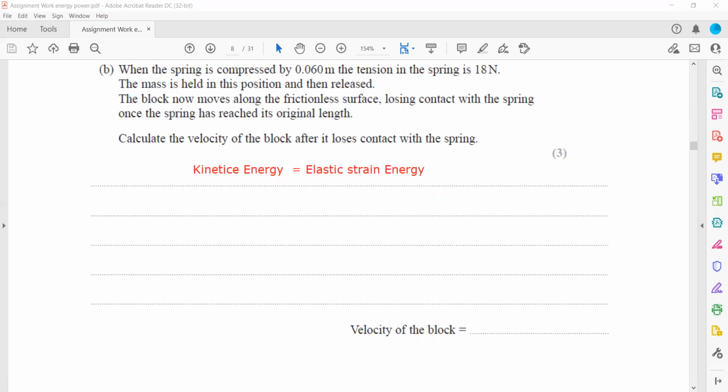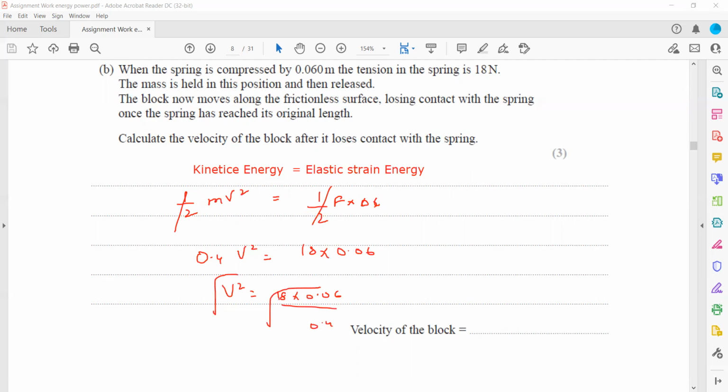So elastic strain energy is half force into extension, and the kinetic energy is half mv squared. So half cancels with half. The mass of the block given is 0.4. v squared equals the force applied, 18, multiplied by how much it was compressed, 0.06, divided by 0.4, and we take the square root. So the speed will come out around 1.64 meters per second.